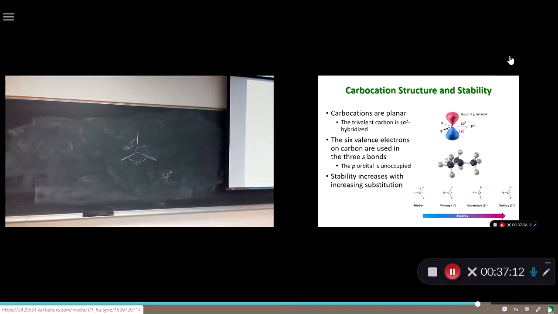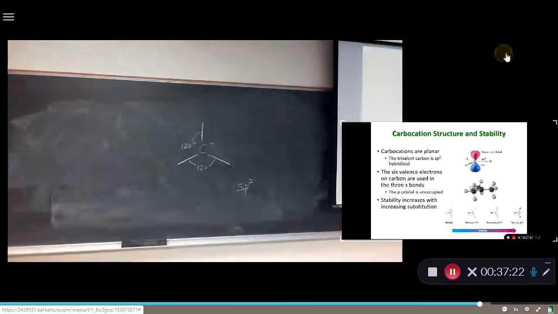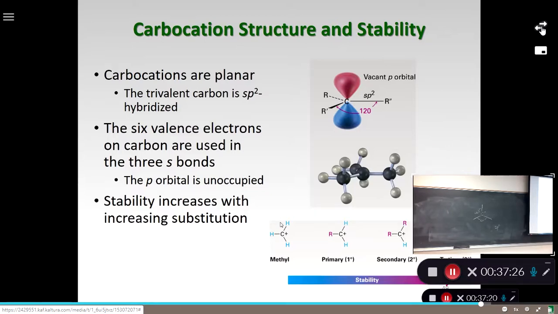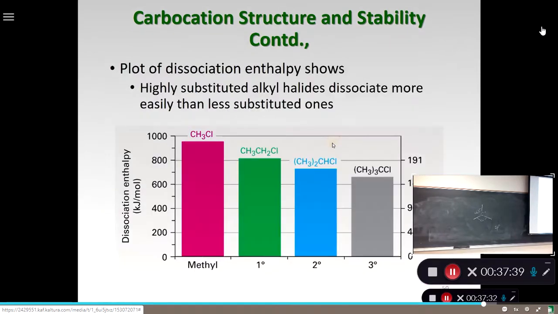Because when you have more substituents or R groups, they donate or push electrons towards the carbocation. They push electrons towards the positive charge on carbon, and therefore you can reduce the intensity of the positive charge. That is how it makes the carbocation more stable.